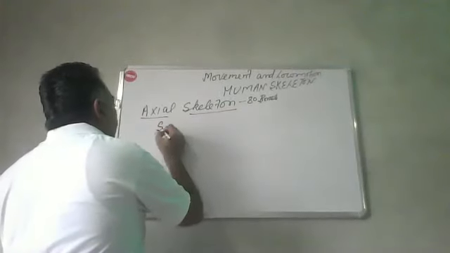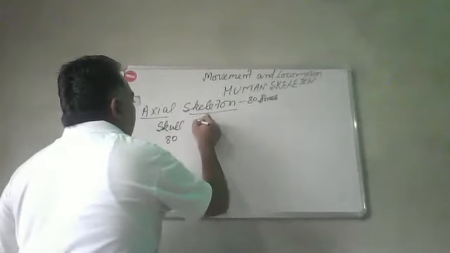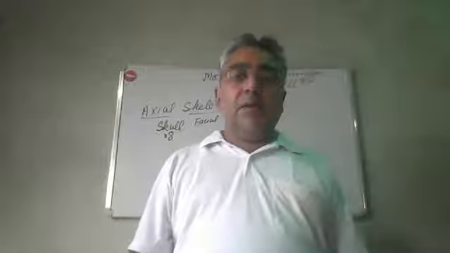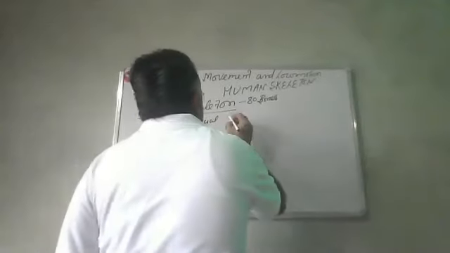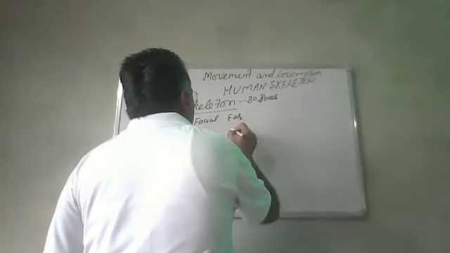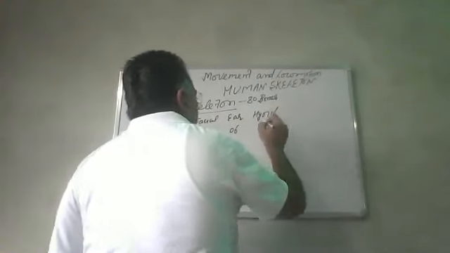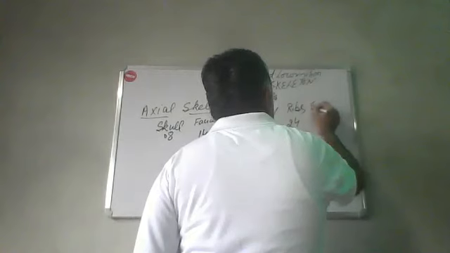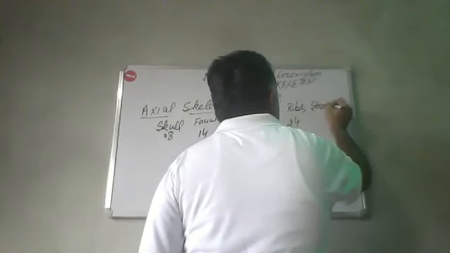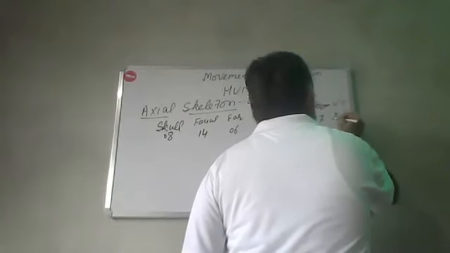Remember, the skull contains 8 bones, and after that facial bones 14, ear ossicles 6, and then hyoid bone 1, ribs 24, sternum 1, and vertebral column 26.